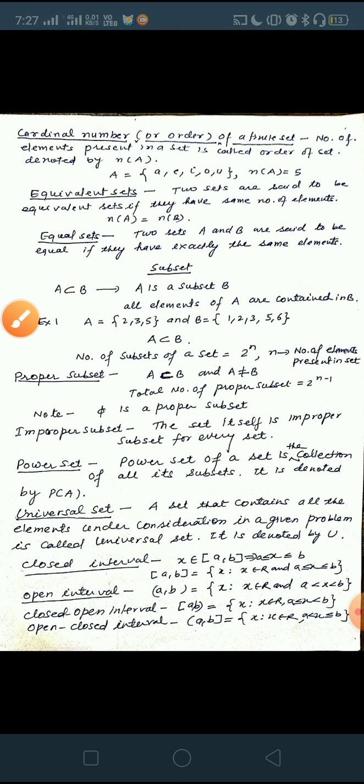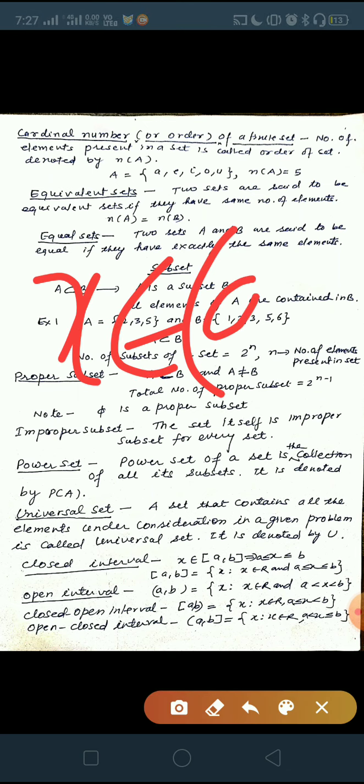For an open interval, it is represented by the circular bracket, and if x belongs to this open interval, it means x is greater than a and less than b. Now closed open interval, also called semi closed, semi open.